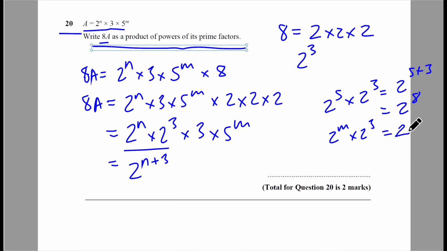That's going to be 2^(m+3), just so you've got a bit of understanding. So we just can't simplify the rest. And that is your 2 out of 2 marks on a grade 9 question. And it's only grade 9 because it tests your understanding and application. I hope that makes perfect sense to you.